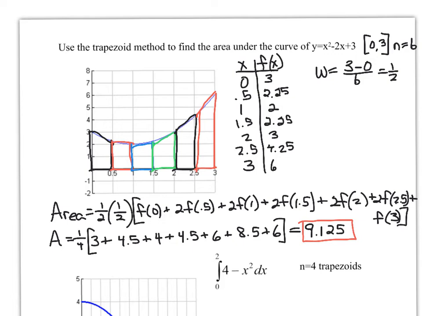So when we learn later on in this chapter how to actually use calculus to find the area under the curve, we'll see that the actual area is pretty close to 9.125. And that was just using 6 subintervals. So you'll notice that as we add more intervals, we'll get an even more exact approximation. But this is quite a good approximation for the area under the curve.